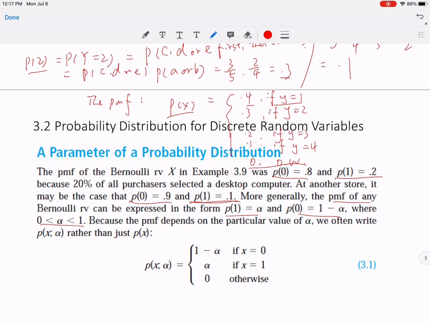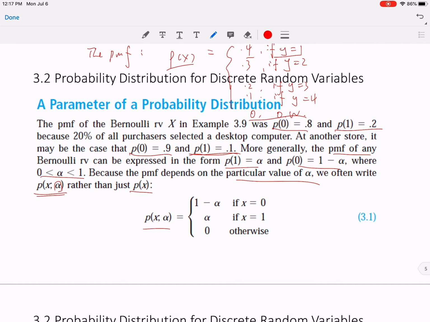Because the PMF depends on the particular value of alpha, we often write P of x semicolon alpha rather than P of x, because the value of alpha will affect the probability. So the general form P of x semicolon alpha is equal to 1 minus alpha if x is equal to 0, and alpha if x is equal to 1, and then 0 otherwise. Don't forget the last part.